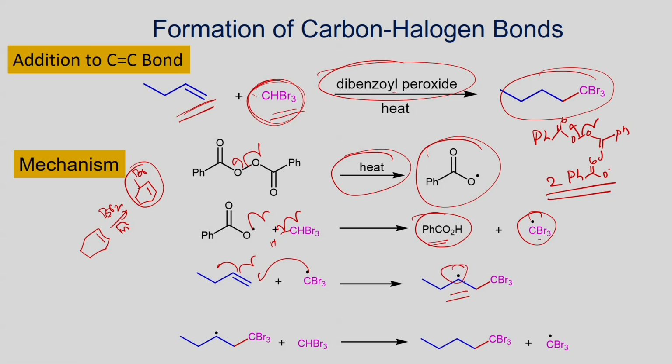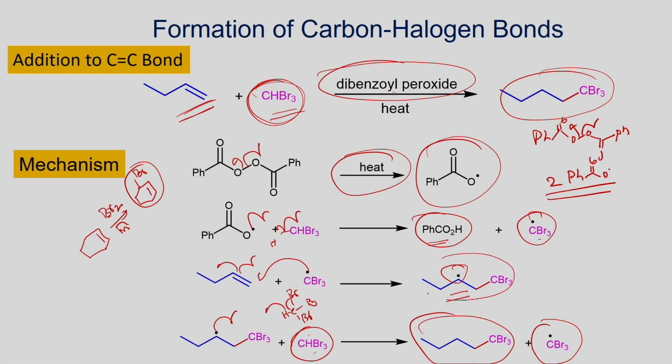Once you form this radical, it can now abstract the hydrogen from this tribromomethane as shown here. You get this addition product where you generate this radical. This radical, as we have just seen, can again undergo an addition reaction with the alkene, and you form the secondary radical. The cycle can go on like this until the substrate is consumed.